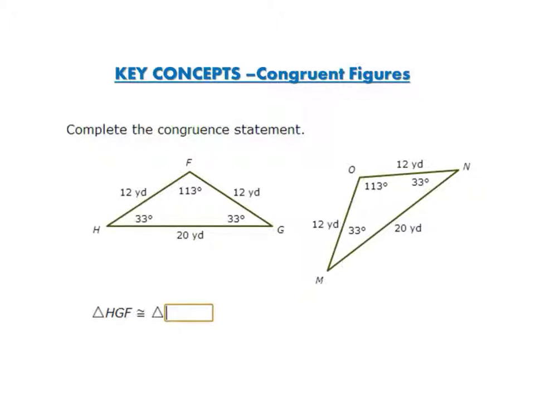And according to the next one, going along the 20 would be M, N, O. So that's going to be our answer. Triangle HGF is congruent to triangle MNO.